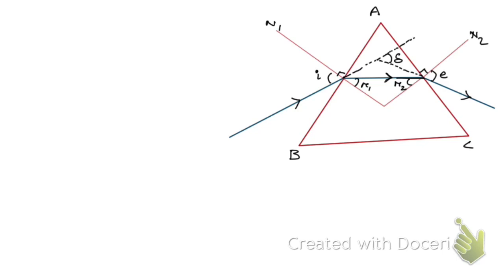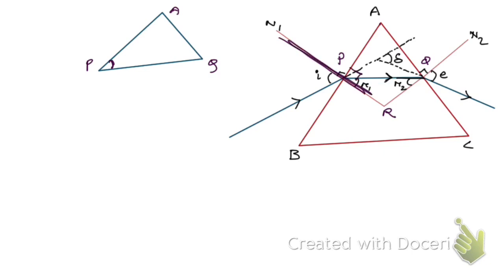Let this point be P, this point Q, and this point R. Now from the triangle APQ, this angle PAQ is going to be equal to 90 minus r1, because this is the normal, so that's why it must be 90.